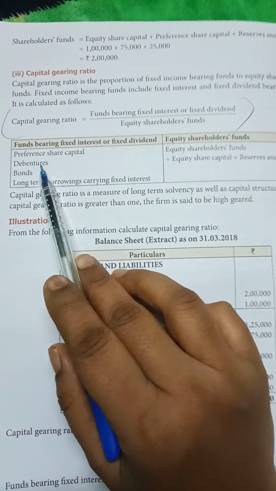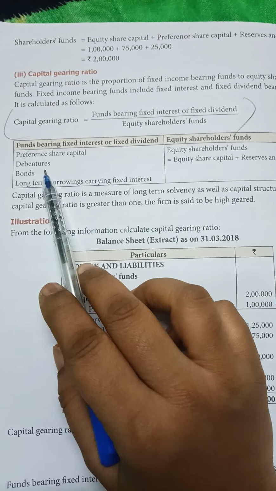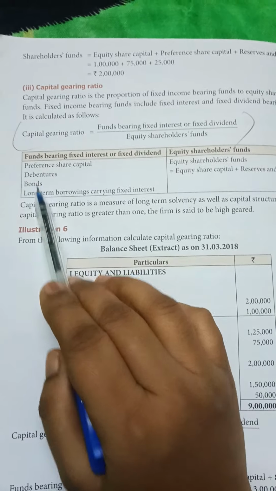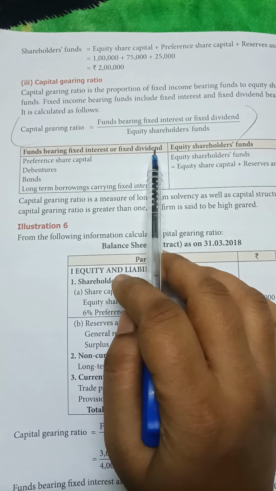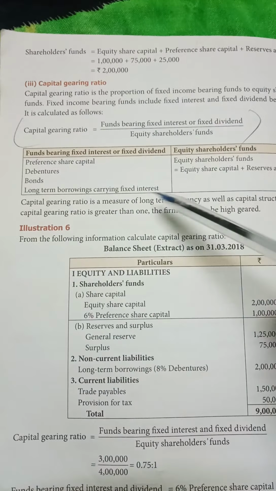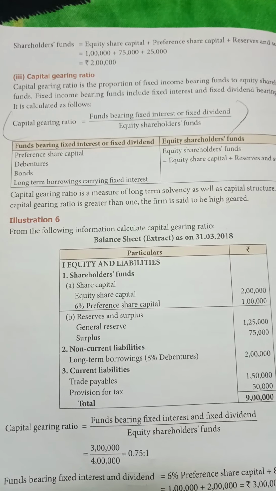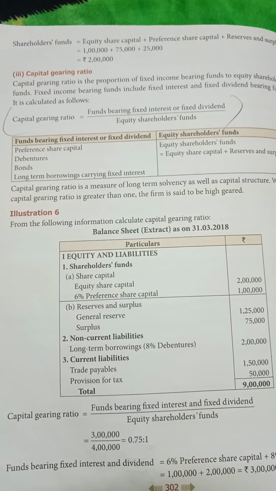The other three, debentures, bonds, and long term borrowings, will carry a fixed rate of interest. So when you see any of these accounts in your balance sheet, you treat that as funds bearing fixed interest or fixed dividend.